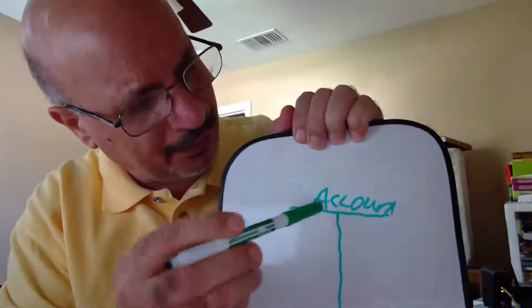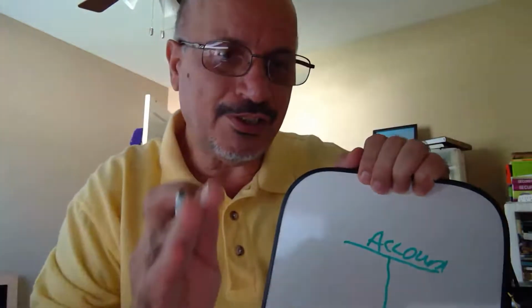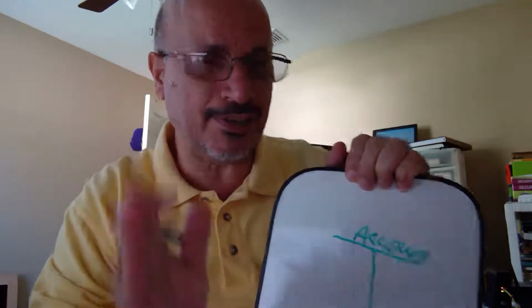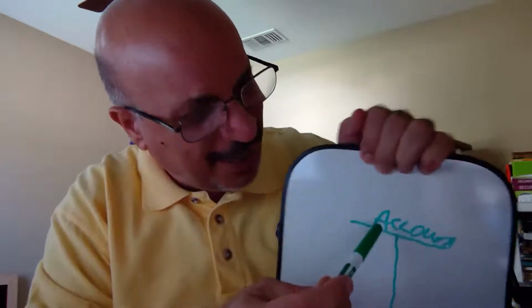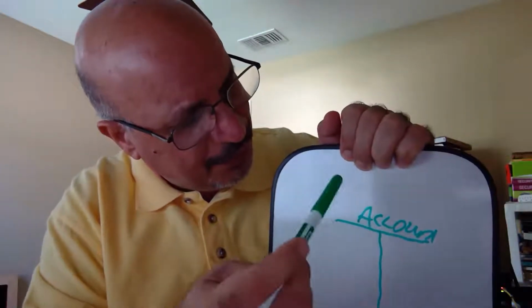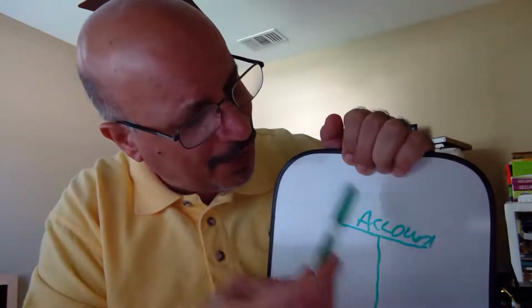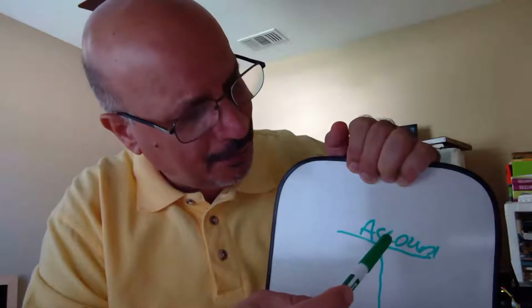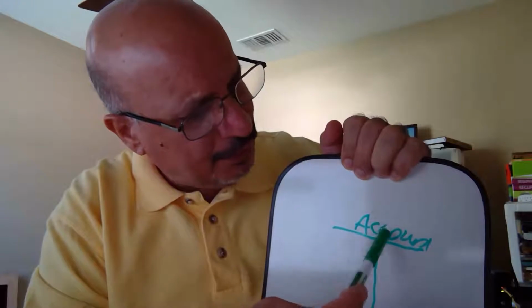When I say account, that means whatever account it is, whether it's a liability account, asset account, revenue account, or expense account. If it's an asset account, that might be cash, accounts receivable, notes receivable, prepaids, supplies, land, building, etc. If it's a liability account, it could be accounts payable, notes payable, salaries payable, utilities payable.